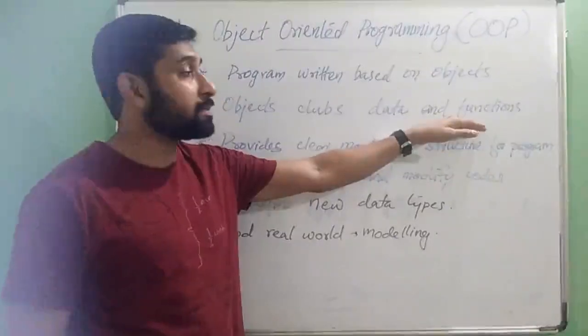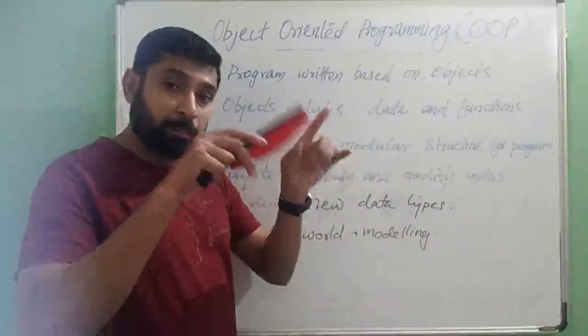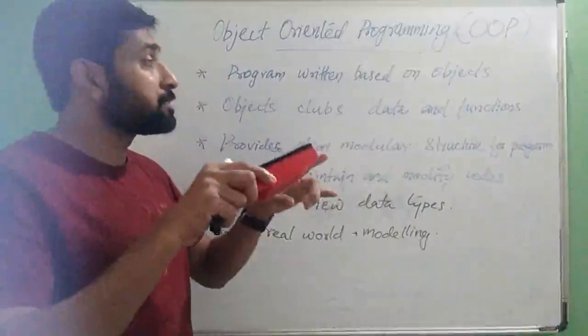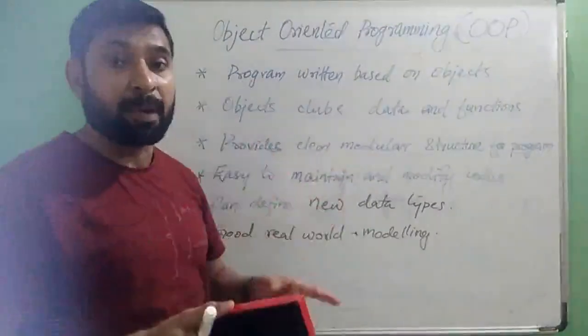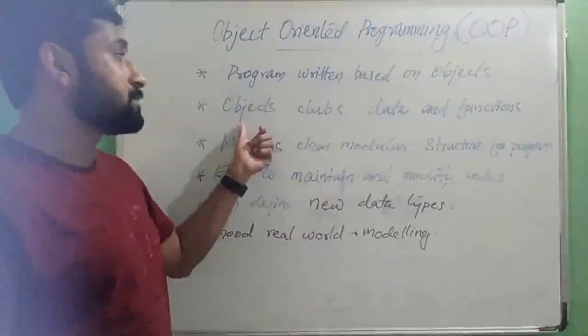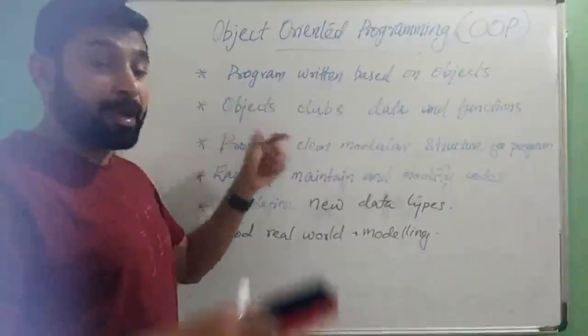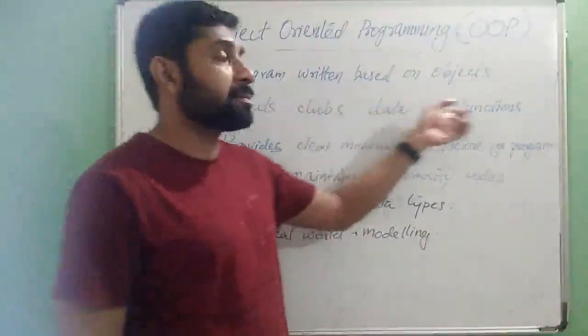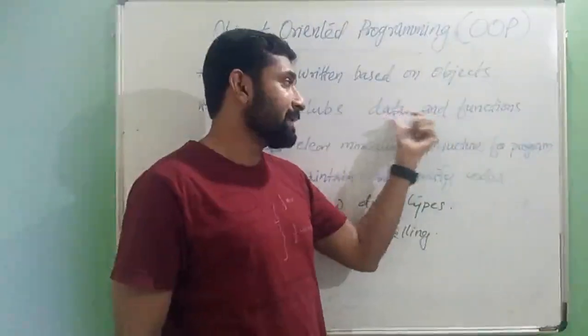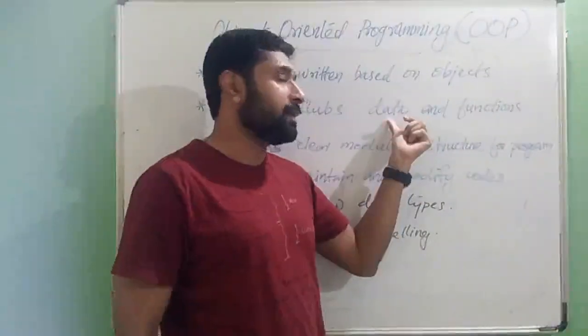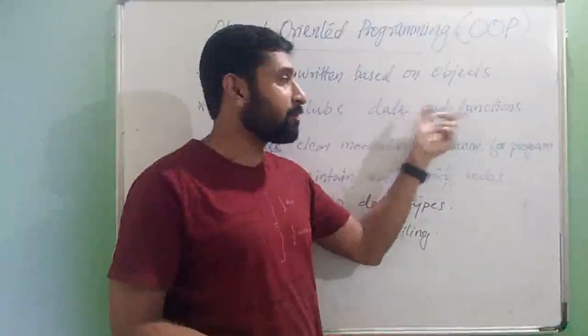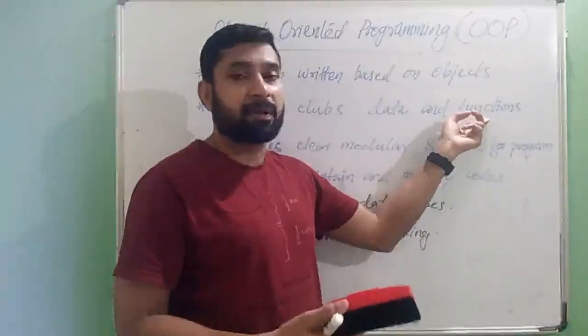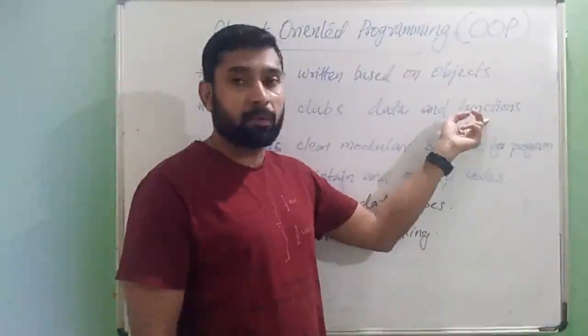In a program, such a scenario can be easily made with the help of objects. So objects are a way to club data and functions. Data means its properties, its size, its color, etc. Function means its behavior: it can fly, it can make sound, etc.